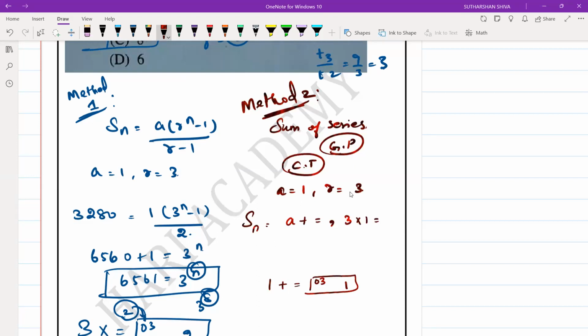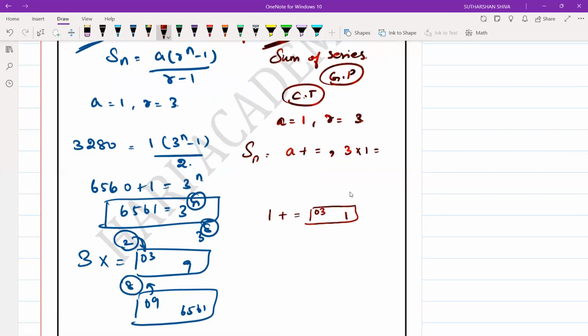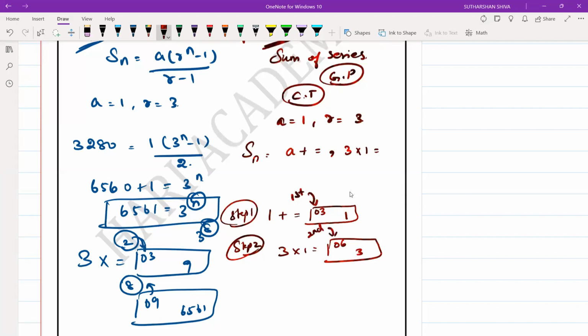Don't press any green button on your calculator. Simply press 3 into 1 equal to. This is your step 1. In step 2, what will it show? When you do 3 into 1 equal to, it will show 3. Whenever it is the first term, it shows the count, and whenever it is the second term, it shows the count plus 1. Correct.